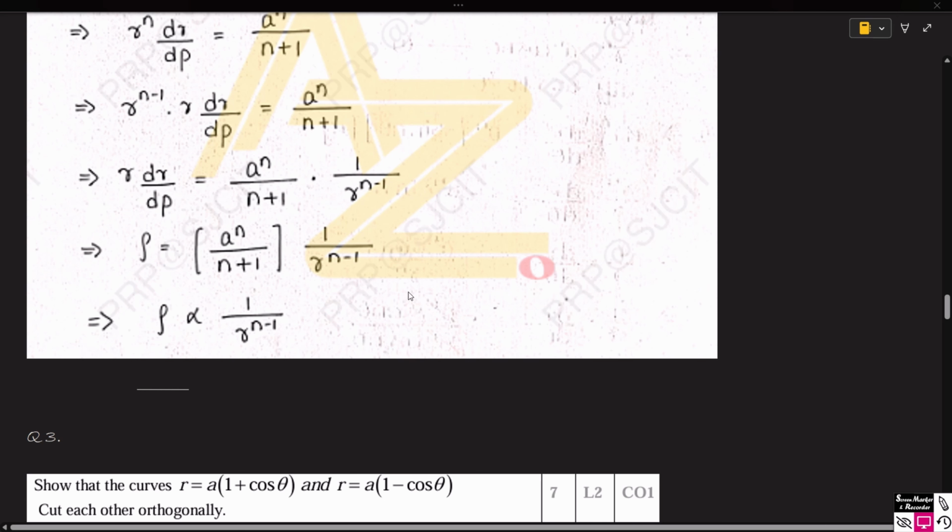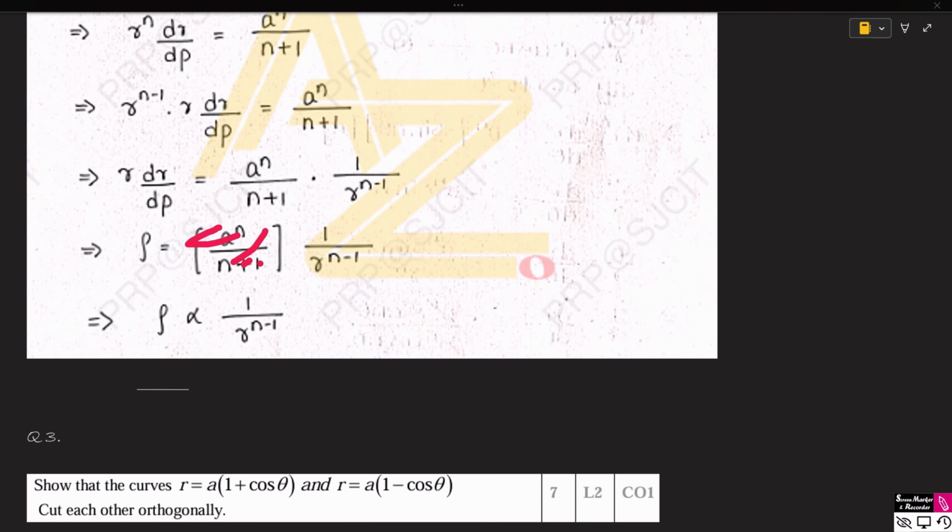This part is full of constants, so we are ignoring it, and we need to find which rho is proportional to which equation. So rho is inversely proportional to r raised to n minus 1.